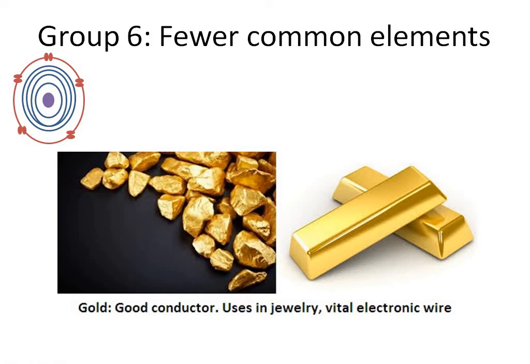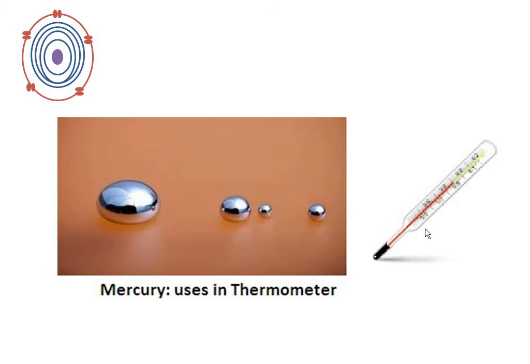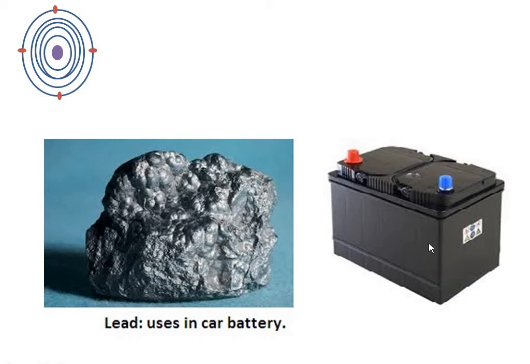So in electronic circuit boards, when you need a very good conducting wire, they use gold. Mercury, used in thermometers. Lead, used in car batteries.